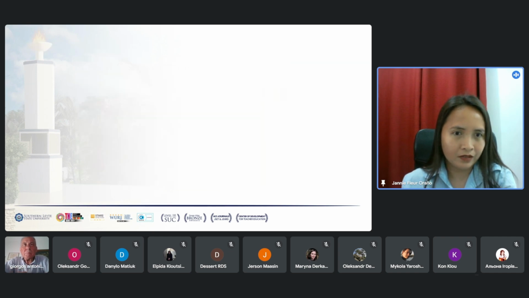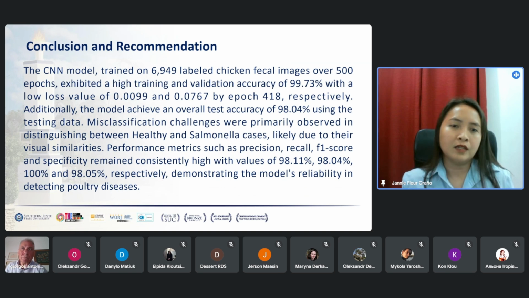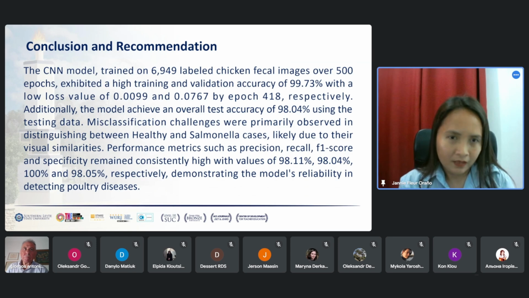For the conclusion, the CNN model trained on 6,949 labeled chicken fecal images over 500 epochs exhibited a high training and validation accuracy rate of 99.73%, with loss values of 0.0099 and 0.0767 respectively by epoch 418.